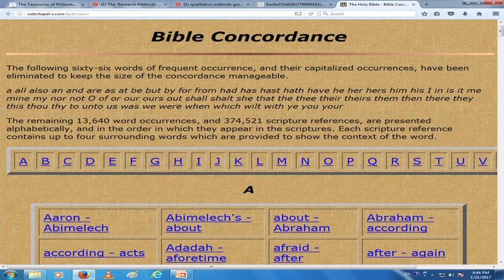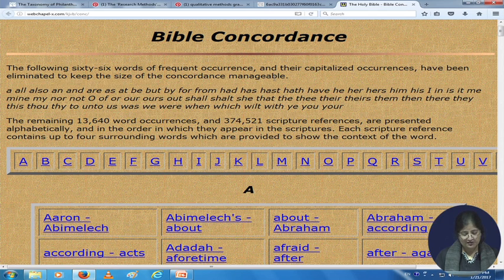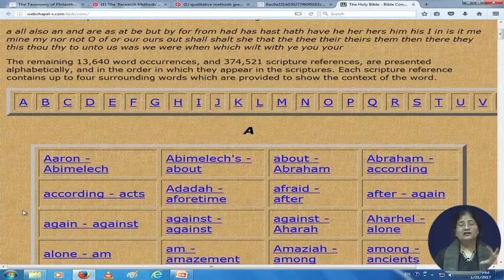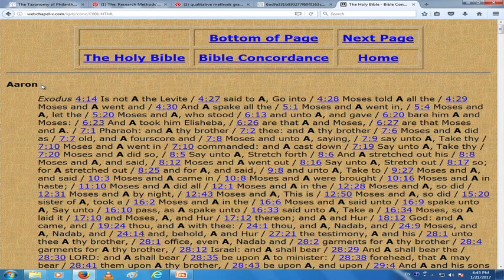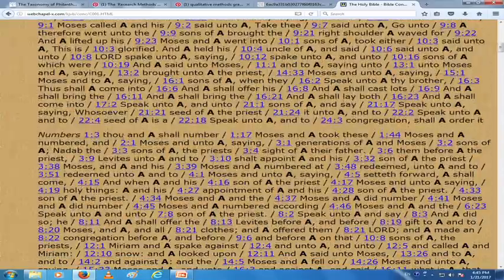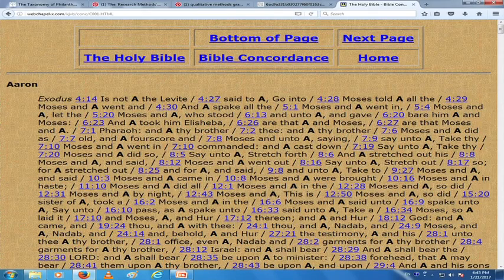Here, the following 66 words of frequent occurrence and their capitalized occurrences have been eliminated to keep the size of the concordance manageable. So these words have been put in alphabetical order, and when you click on one, the references come up with it, or the context is highlighted with the word. Okay, so this is called a concordance.